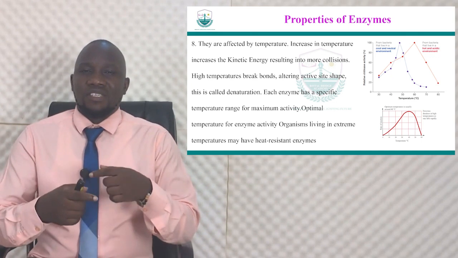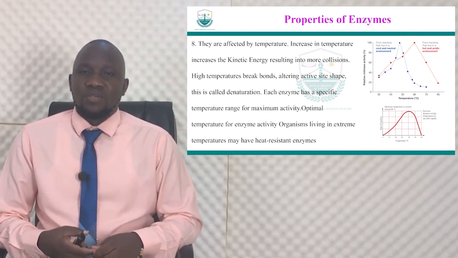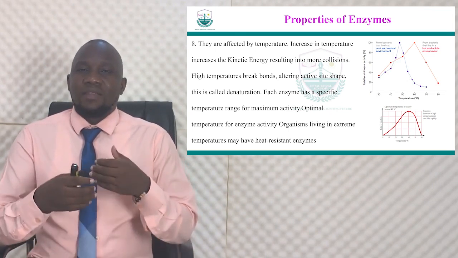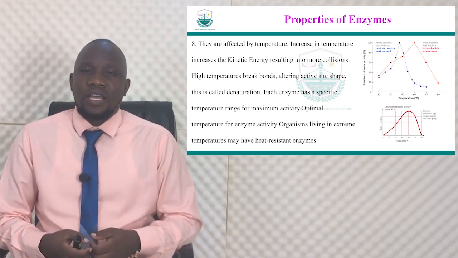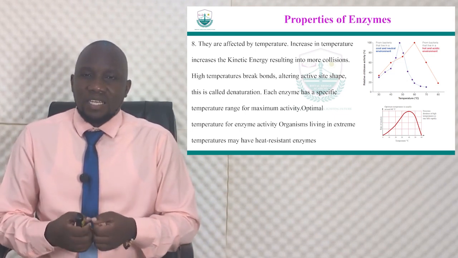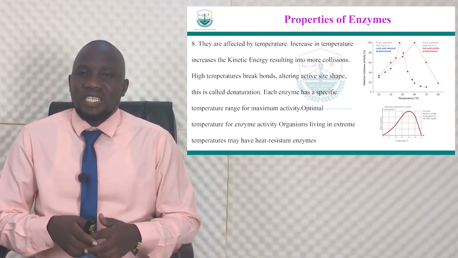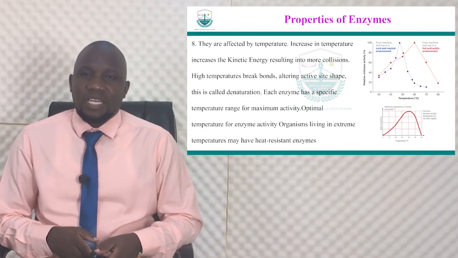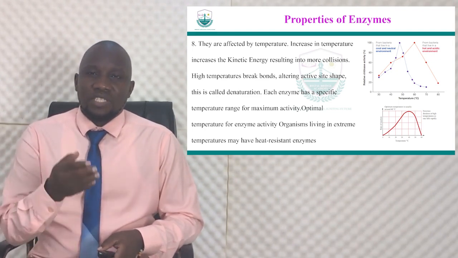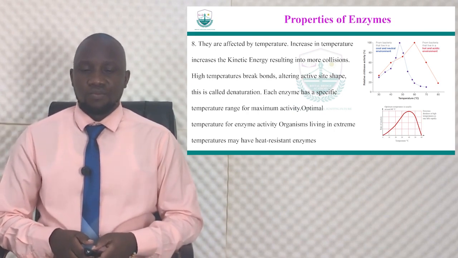At optimal temperature, you have maximum collision, and that's when the enzyme is working most efficiently. Beyond that, the enzyme changes its structure because of denaturation, and that means that after the optimal temperature, you have a dramatic reduction in the rate of reaction.